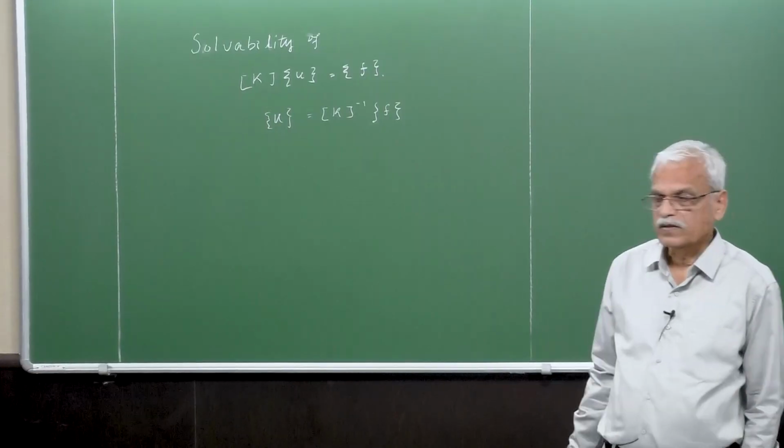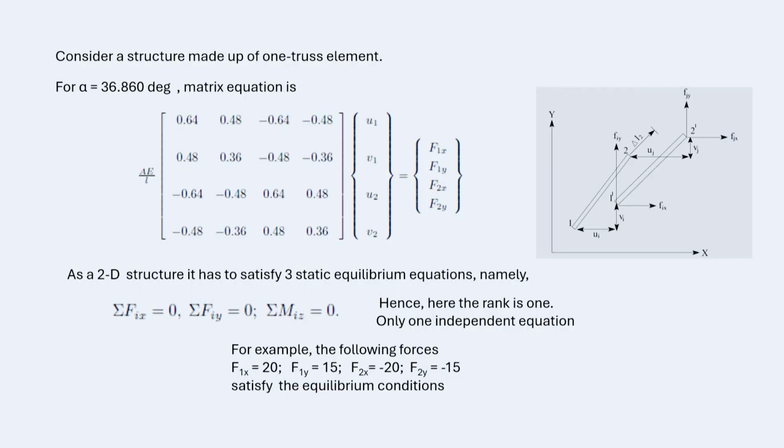Why it is, we're going to analyze just now. That means the inverse of k does not exist, the determinant of k will be 0, and the inverse doesn't exist.